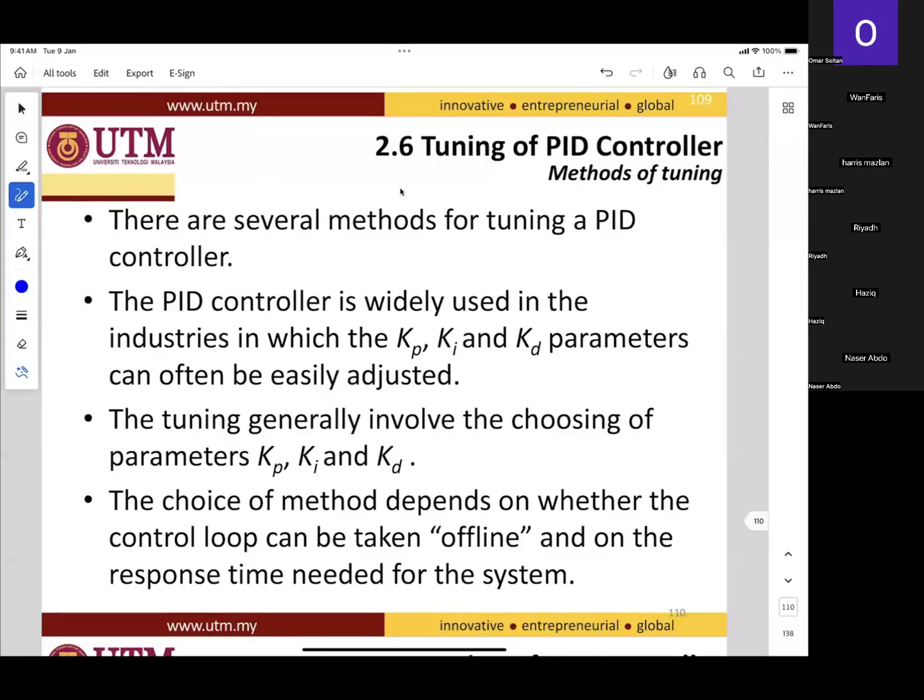Okay guys, we continue the second half of the lecture by referring to slide 110, PID controller tuning. So, as I mentioned before, in the PID controller, we have to find the gains KP, KI, and KD.